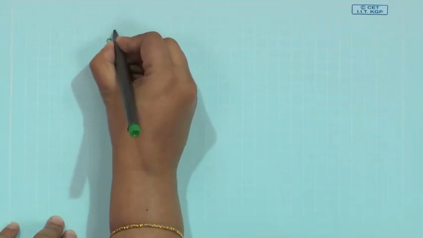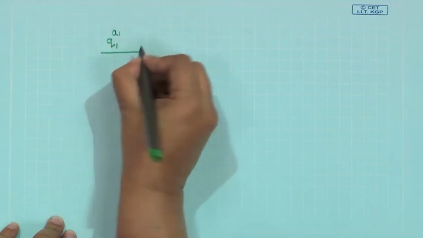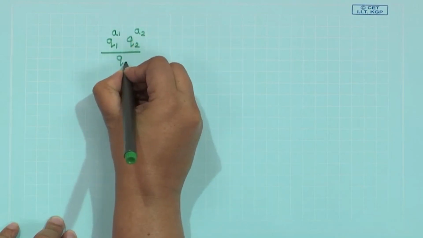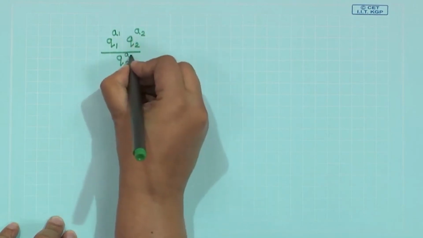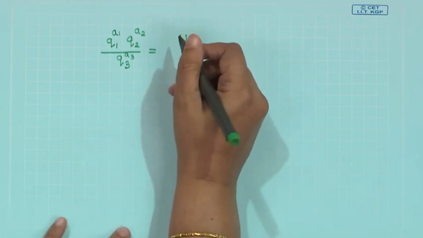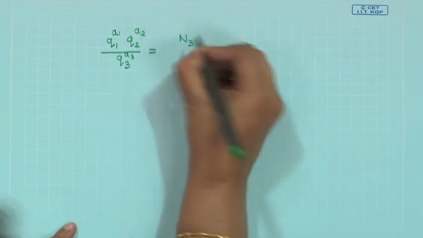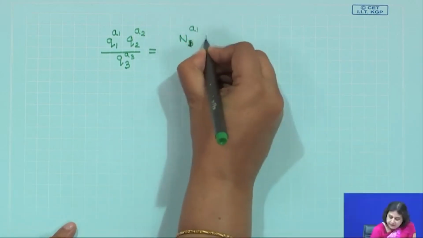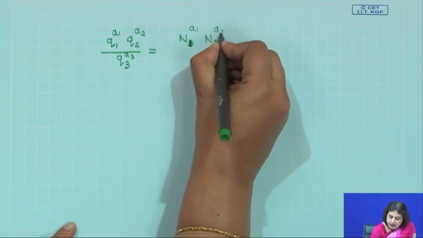As a result, now we can write directly that q1 to the power of a1 into q2 to the power of a2 divided by q3 to the power of a3 is equal to n3 to the power of a3 divided by n1 to the power of a1, n2 to the power of a2.